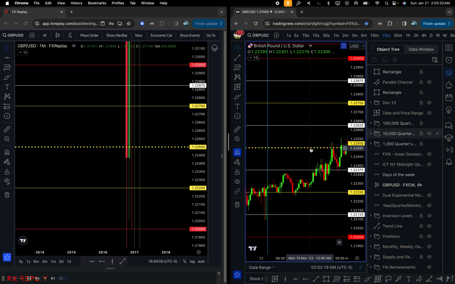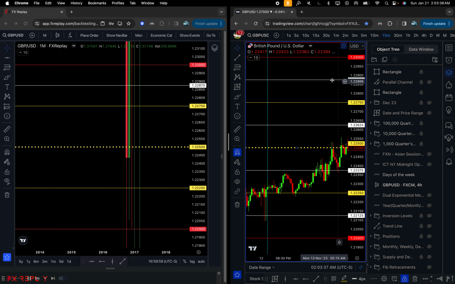But this is like a 10,000 level, and I want to show you this because it's preferential to have this showing you, okay, clearly this is not a 1,000 level, right? Because the 1,000 levels are delineated by the fact that they're thin lines, right? The 10,000 levels are delineated by the fact that they are 4-pixel dots, right?